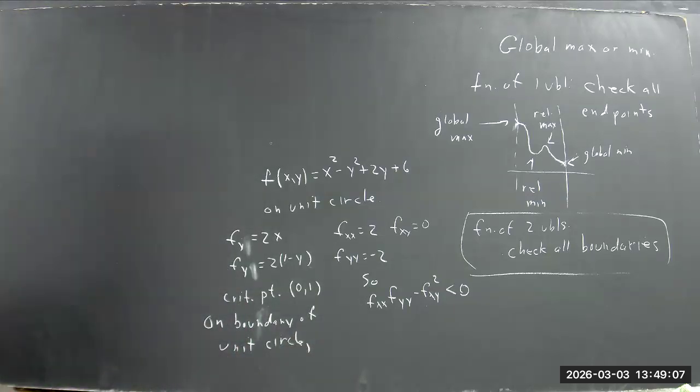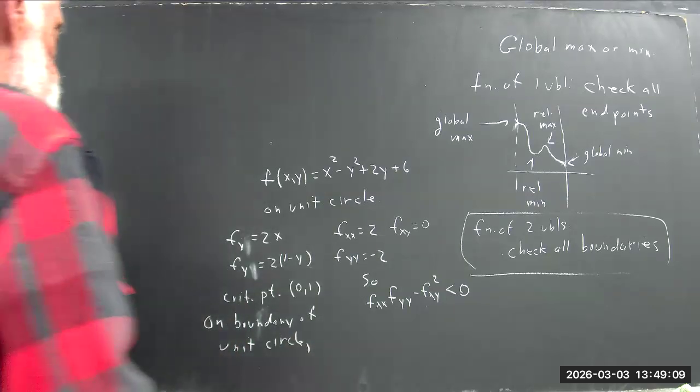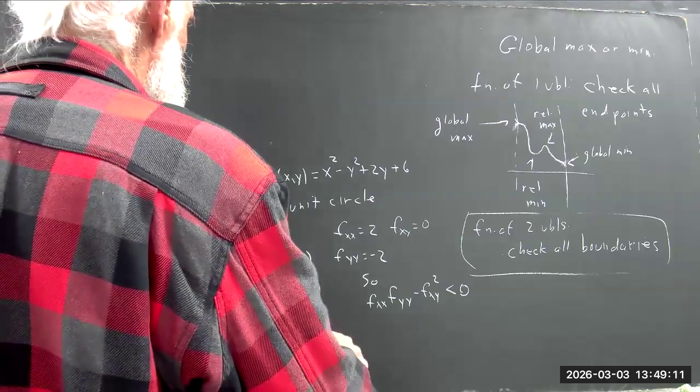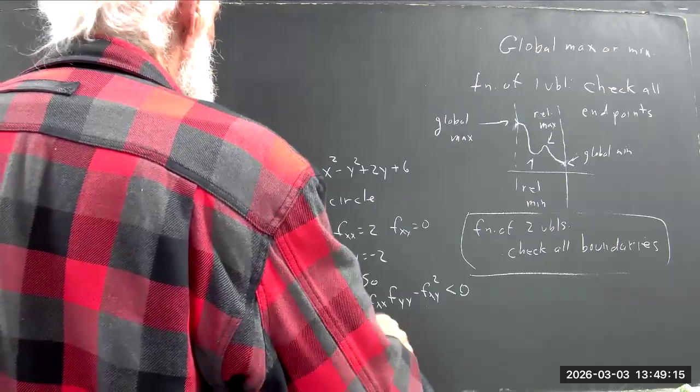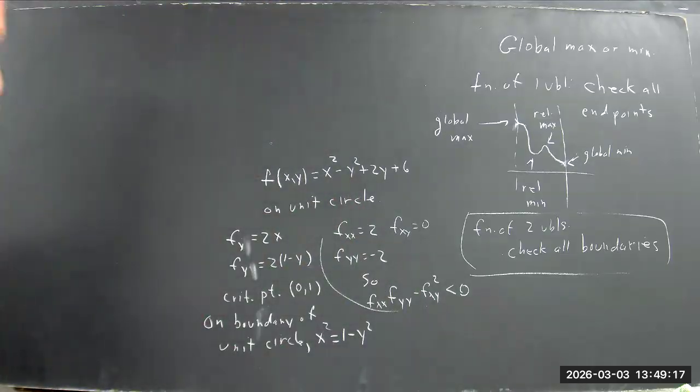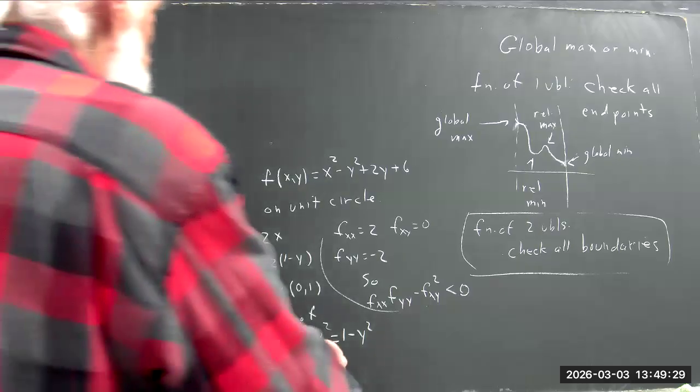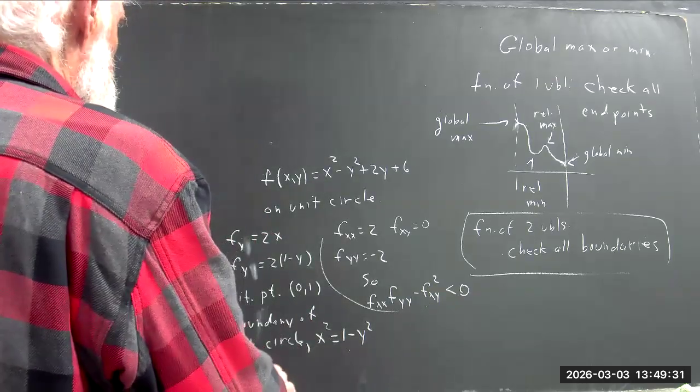Well, on the boundary of the unit circle, you could go to cosine theta and sine theta, parameterize it. That'd be a good thing to do, but I don't want to do that right now. We're going to do plenty of parameterization over the next few weeks. Okay? x squared equals 1 minus y squared.